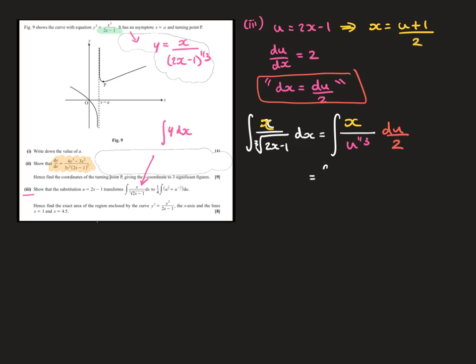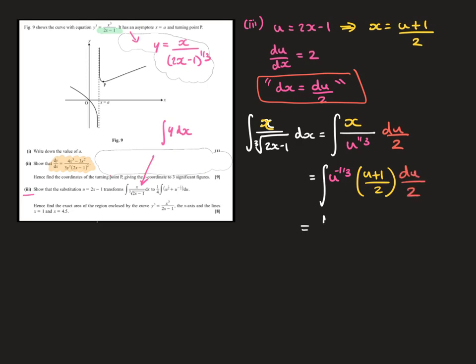So bringing that into our integral. Now, the u to the 1/3, I'm going to write that as u to the negative a third. In place of x, I'm then going to have u plus 1 over 2, and then of course we've got this du and another factor of a half in the denominator.